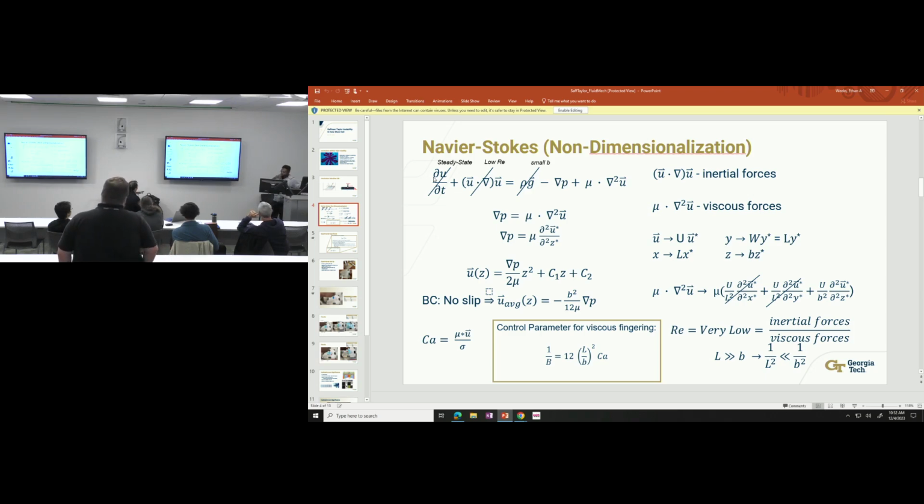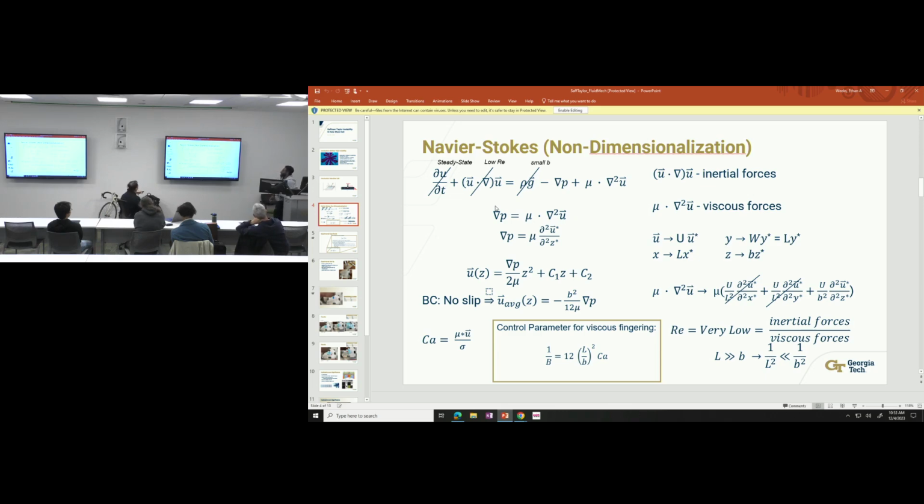Thinking about the Reynolds number as inertial forces over viscous forces, because our viscous forces are dominating in this situation, we can also ignore our inertial forces, which leaves us with this equation: the pressure gradient is equal to the viscosity times the Laplacian of our velocity.